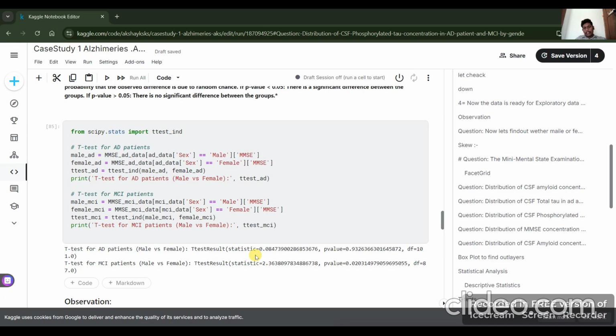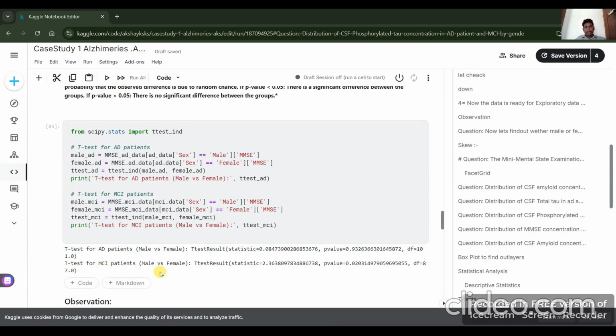The result: the statistic is 0.08473900286853637, the p-value is 0.93263663016487, and the degrees of freedom is 10.0.